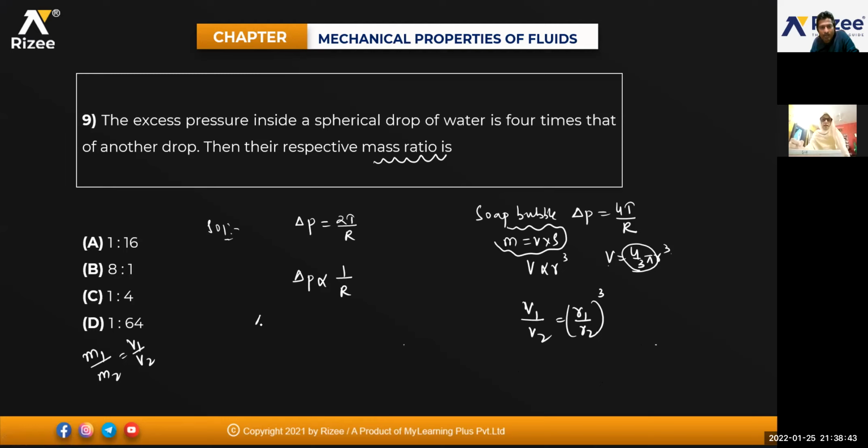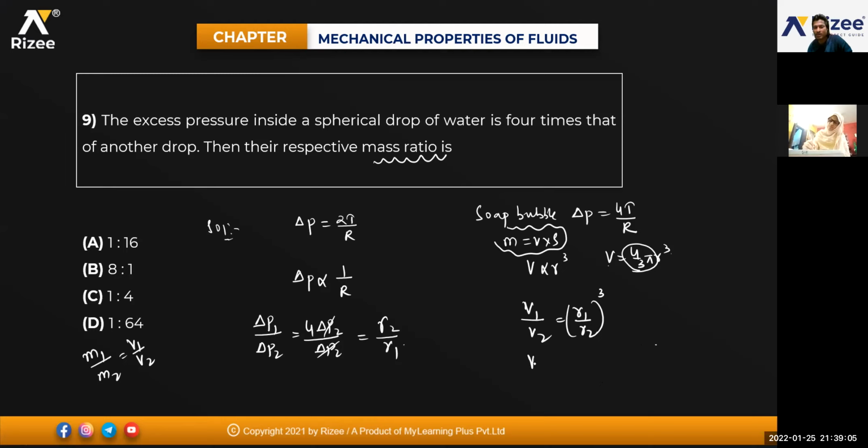So delta P1 divided by delta P2 is equal to 4 times delta P2 divided by delta P2. This one is getting cancelled. So this one will be equal to 4. And this one is right now R2 divided by R1. So R2 by R1 is equal to 4.